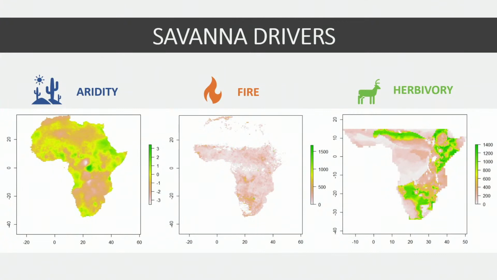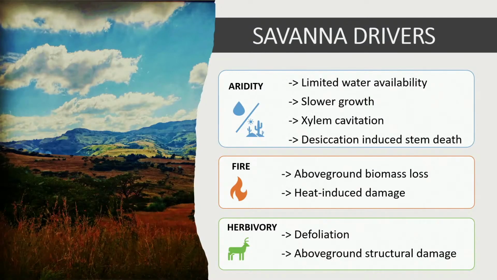The trees in savannas are limited by three main factors: aridity, fire, and herbivory. All of these slow down growth and can prevent establishment, and are therefore also important in determining tree-grass ratios in savannas. And they have different impacts on trees.